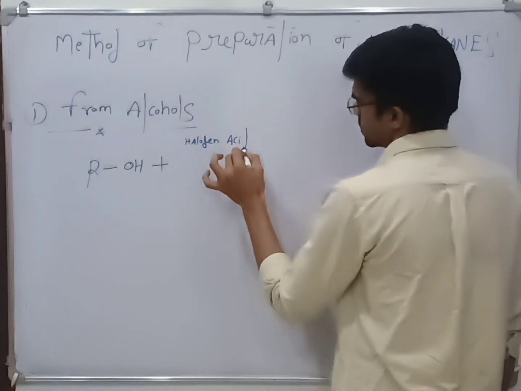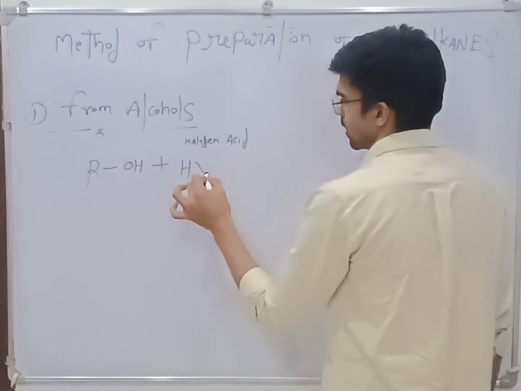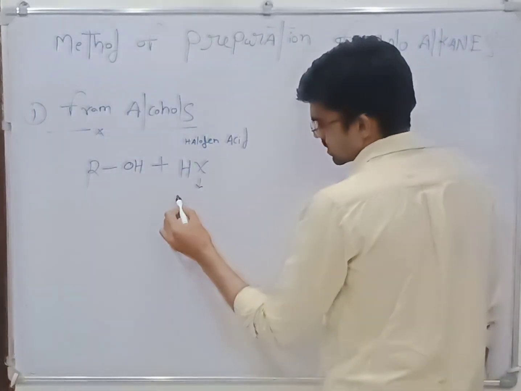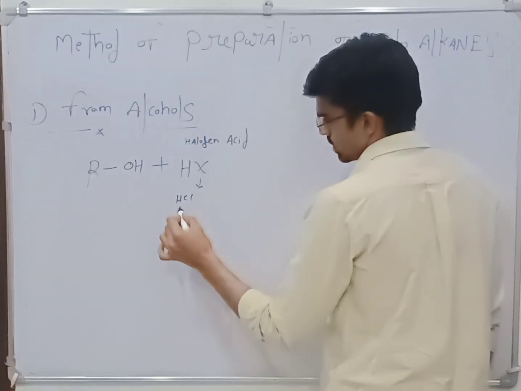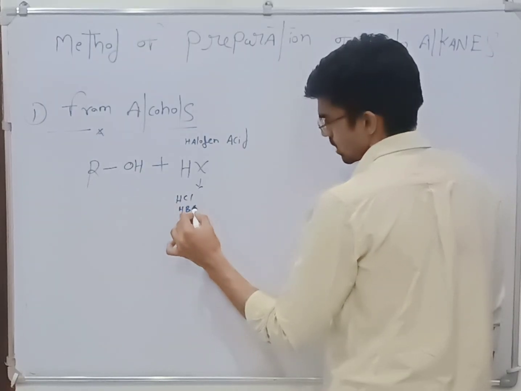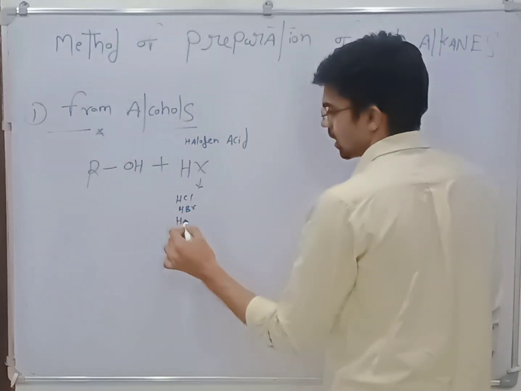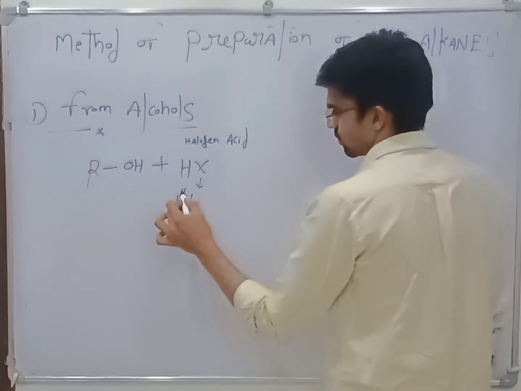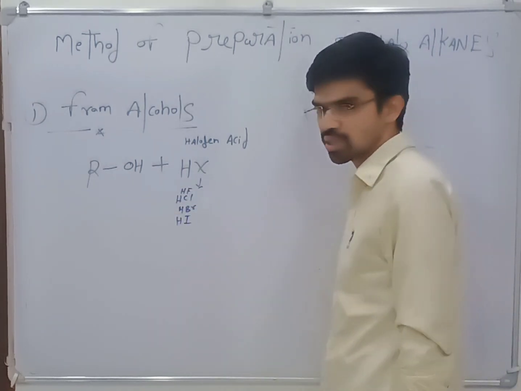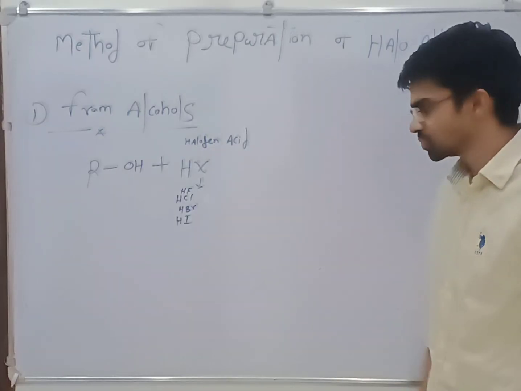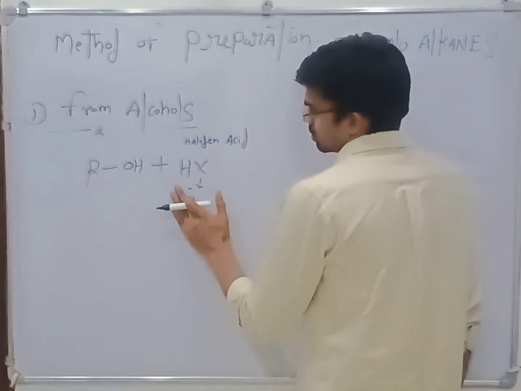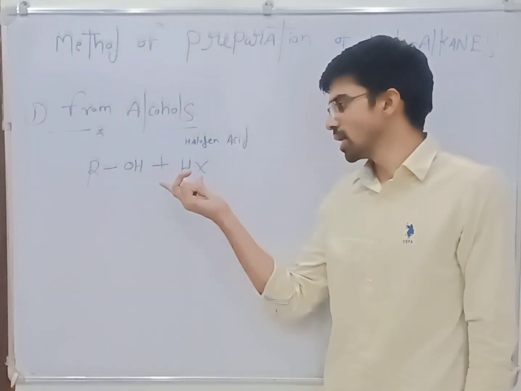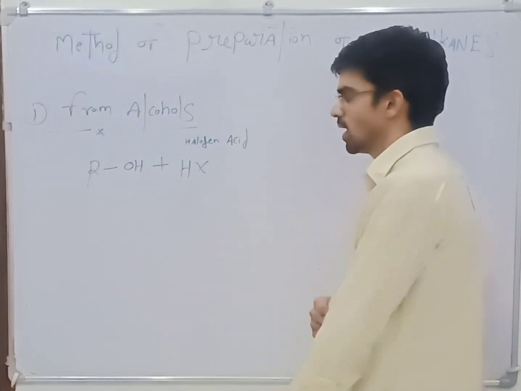HX can be HCl, HBr, HI, or HF. These are called halogen acids. So when we react the alcohols with halogen acids, what will happen?